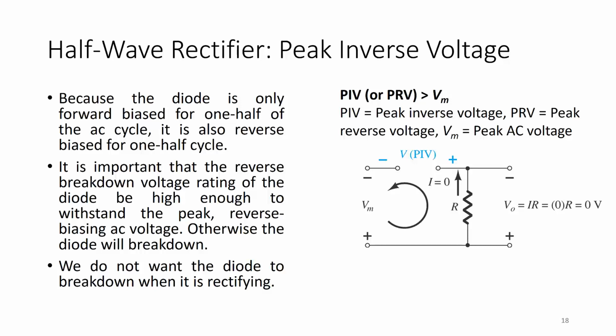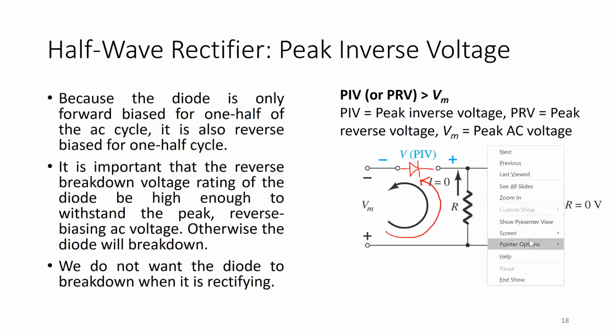For this example, when this diode goes through this reverse part, it's not supposed to conduct. So if we want to calculate the peak inverse voltage, I'm going to erase this.